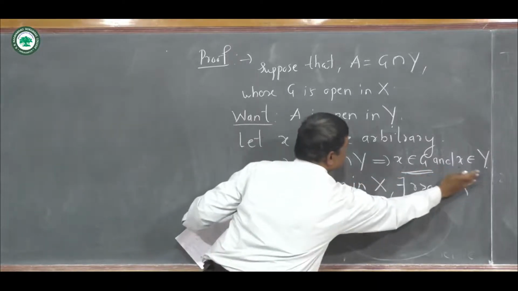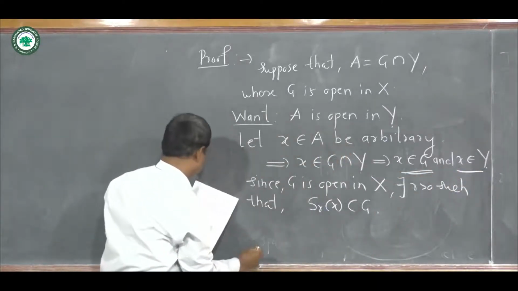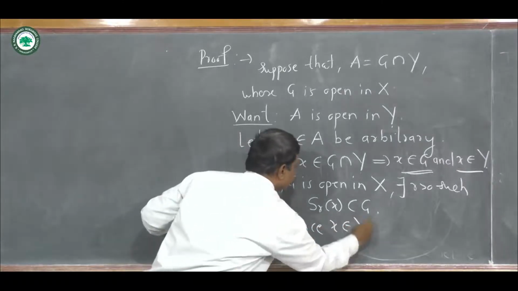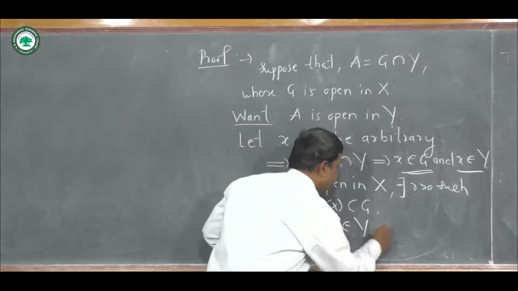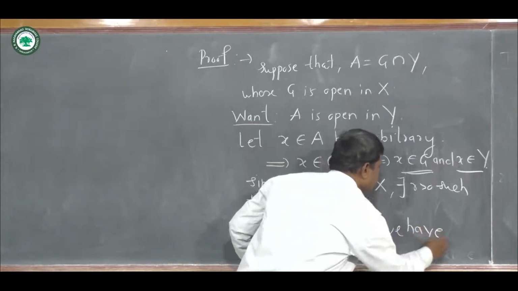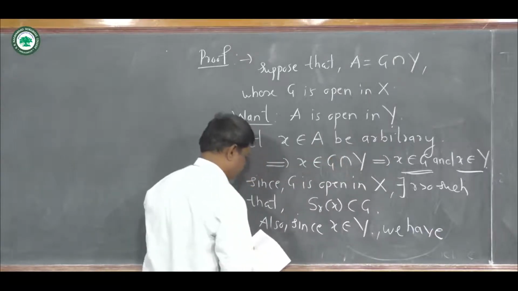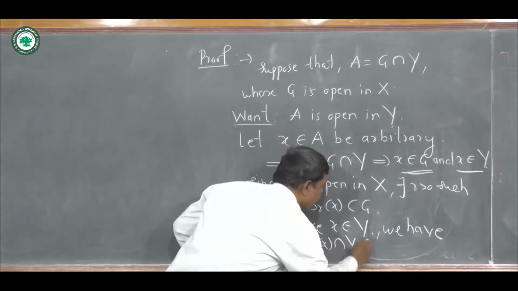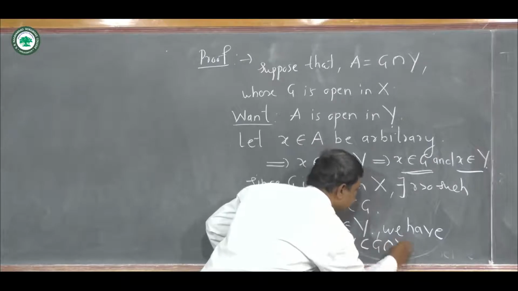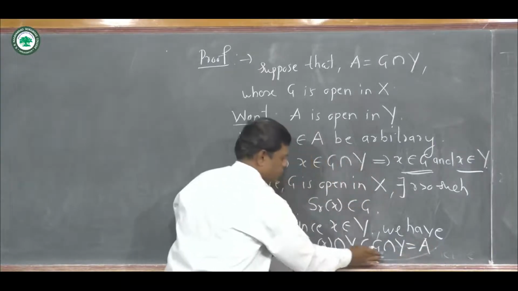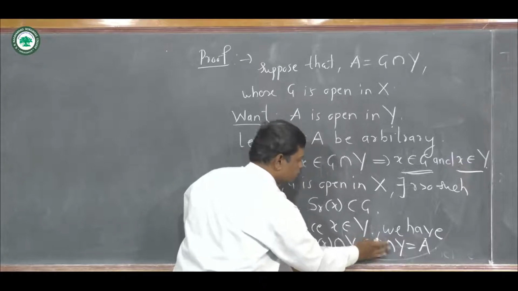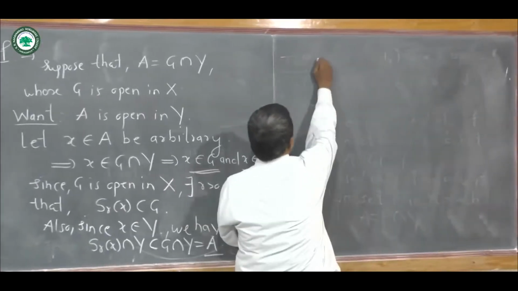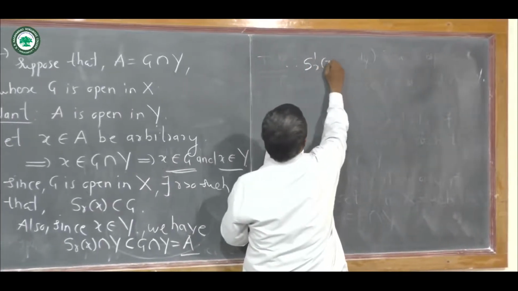Now we know that x is also a member of this set Y. Also, since x belongs to Y, we write S_r(x) intersection with Y is contained in G intersection with Y, which is the set A. So we get S dash r(x).